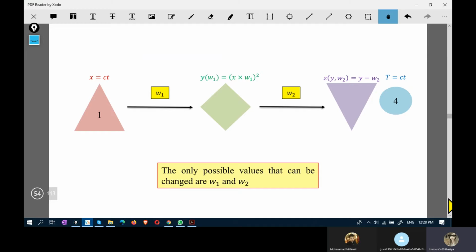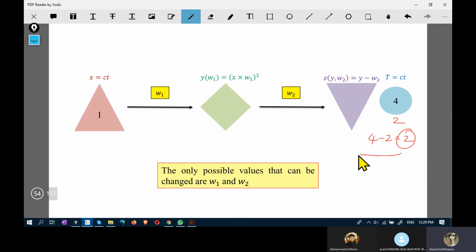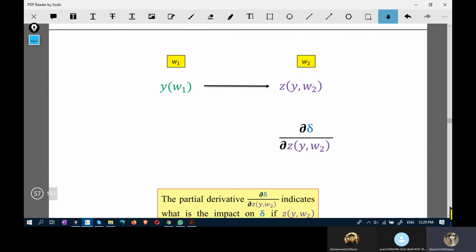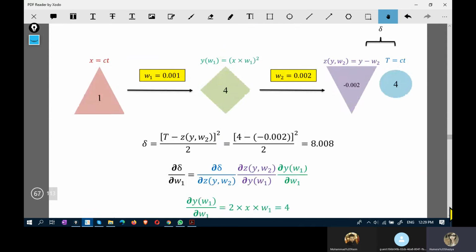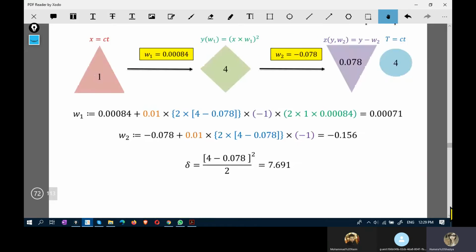We have to send the 2 back based on these weights: 1 into this weight and activation function, and that into this weight and then activation function, and then you get this. 4 minus 2 is equal to 2. This 2 you send back through back propagation.